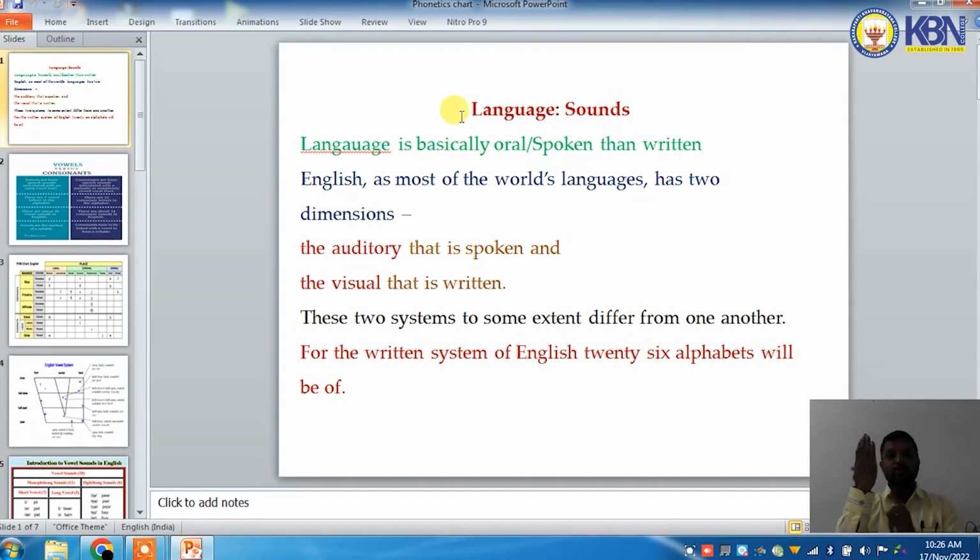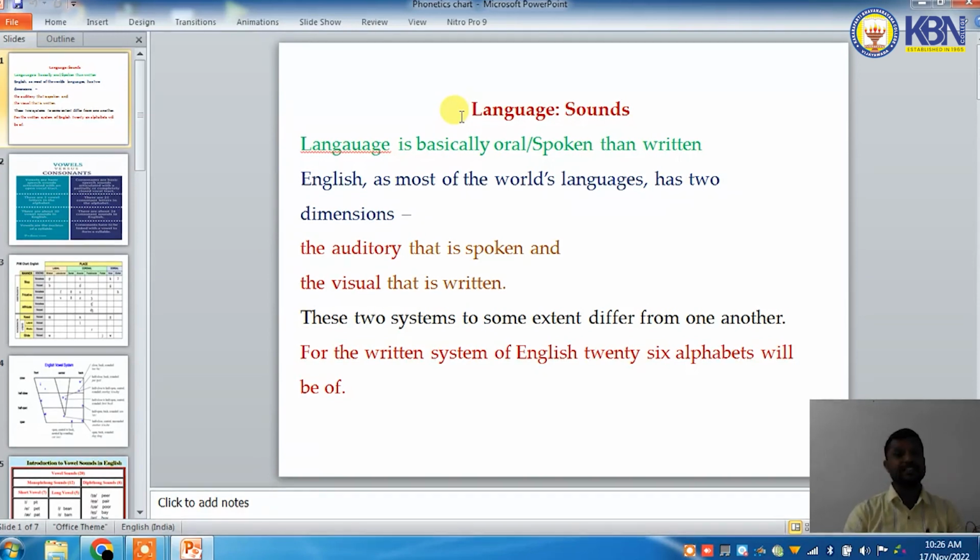Hope you are able to look at this, right? Try to practice this. You will observe that there is no obstruction of air when we produce these vowels. So vowels are sounds that are produced with a free flow of air.